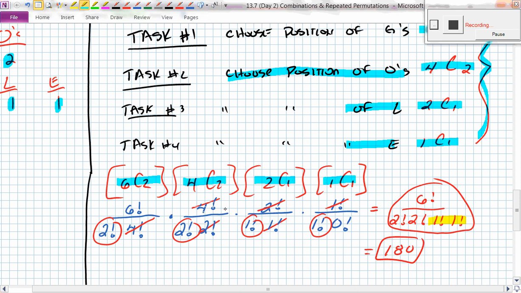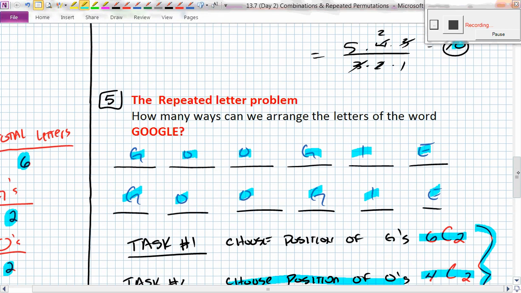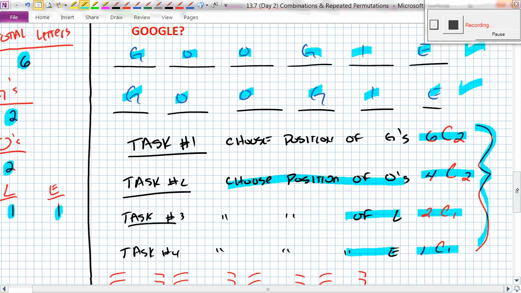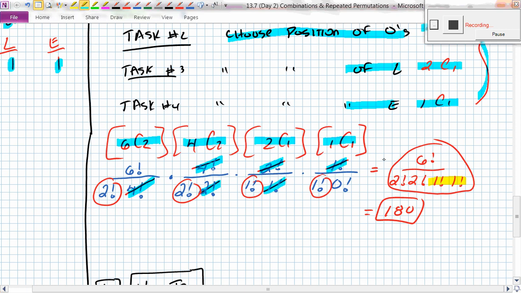When we write out all of the algebra in the formulas, we notice that this cool pattern of canceling is going on here. The 2 cancels the 2, the 1 with the 1. So this is canceling out all of those non-distinguishable permutations for us. What we're left with is 6 factorial on top over 2 factorial times 2 factorial times 1 factorial times 1 factorial on the bottom.